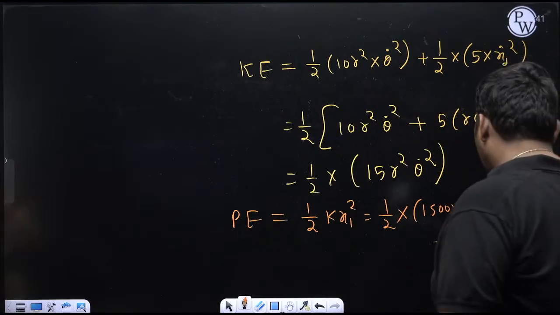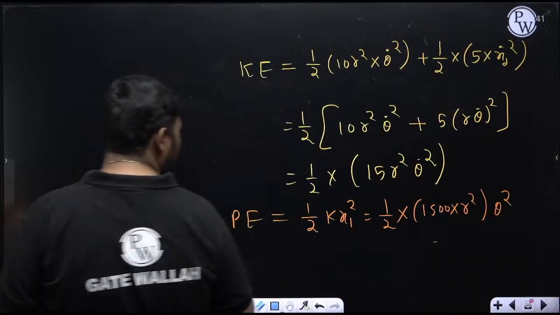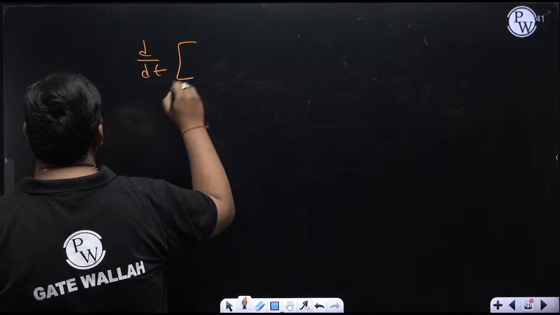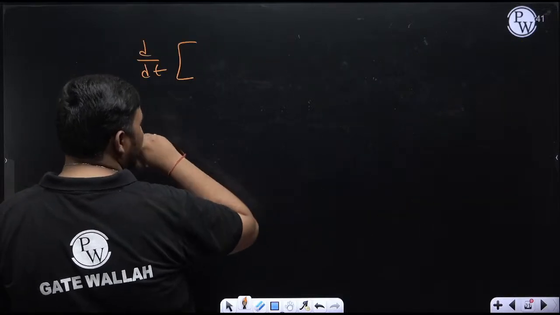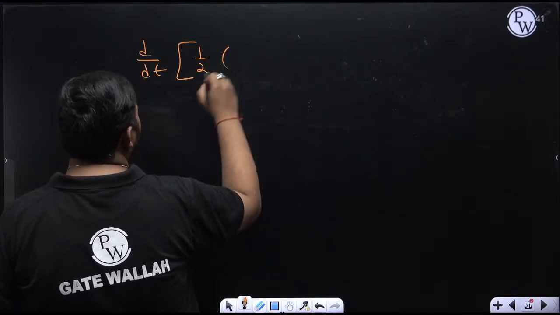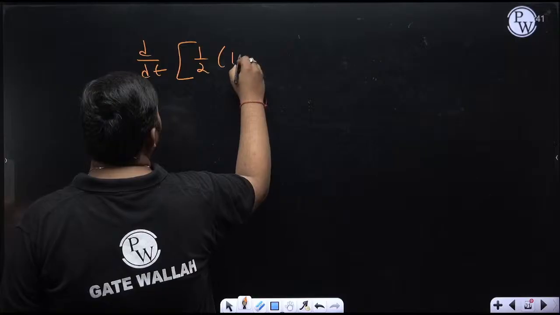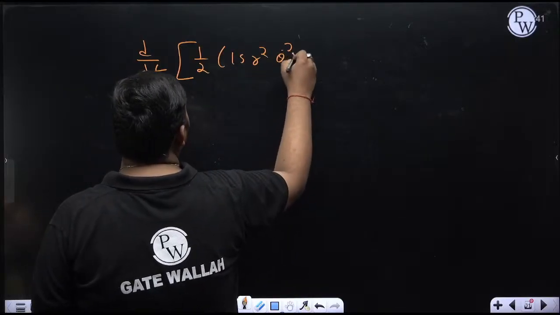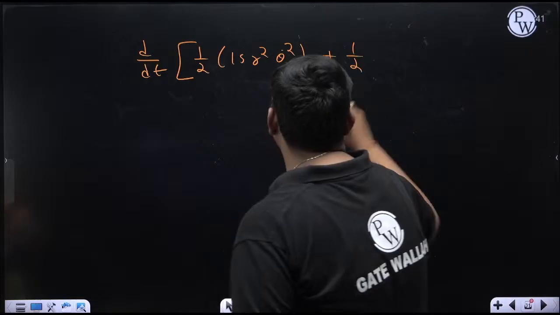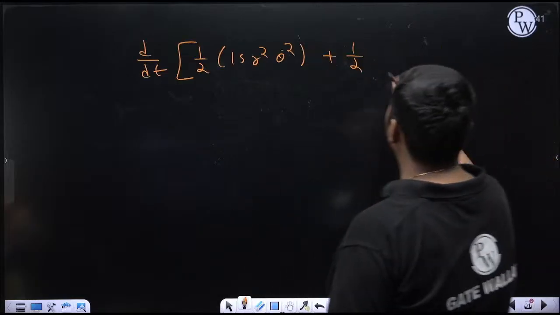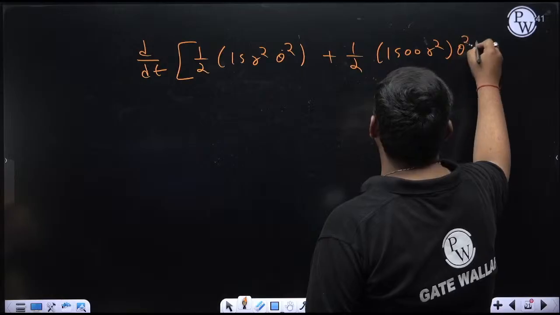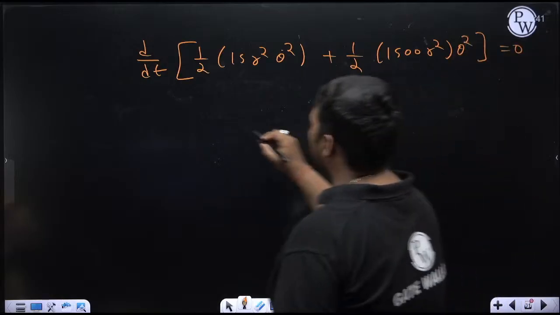After this, I can write the total energy, and the differentiation of total energy with respect to time is 0. So d by dt of kinetic energy, which is half into 15 r square theta dot square, plus potential energy, which is half into 1500 r square theta square, equal to 0.